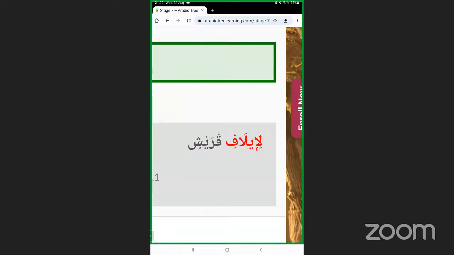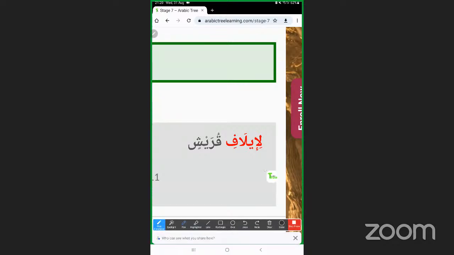We used to read li lafi Quraysh. Actually, what is written here? Li ilafi Quraysh. There is one li and then ilafi Quraysh. And what we used to read? Li lafi Quraysh. Right or wrong?